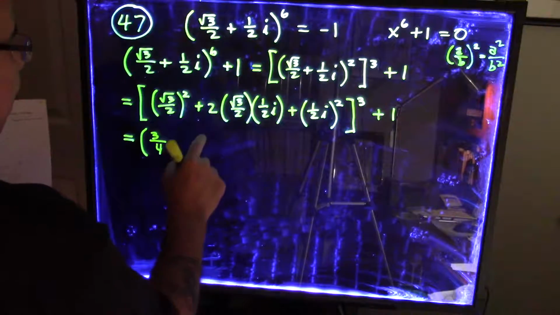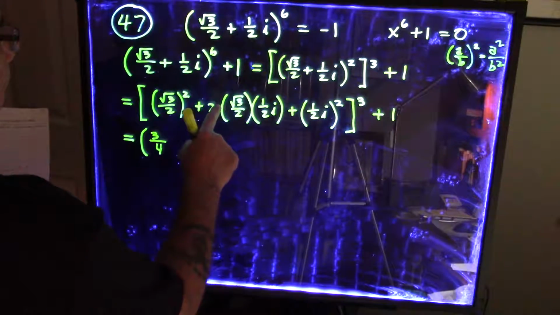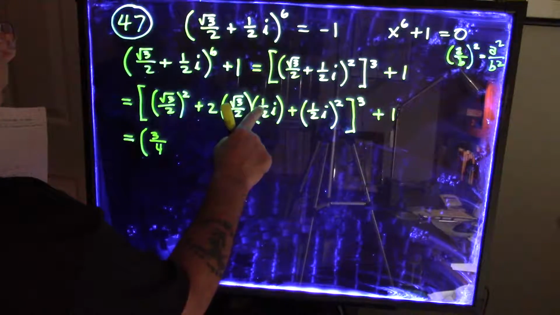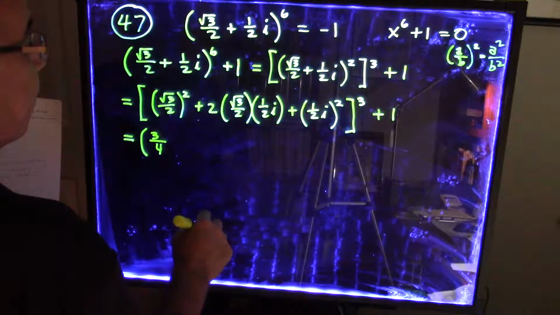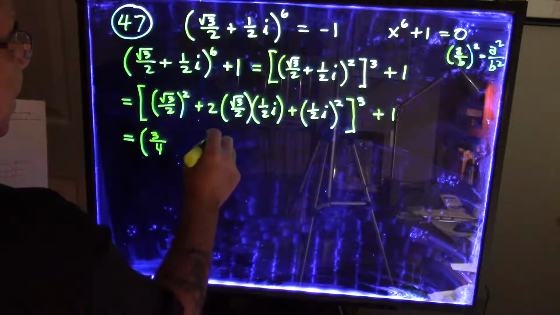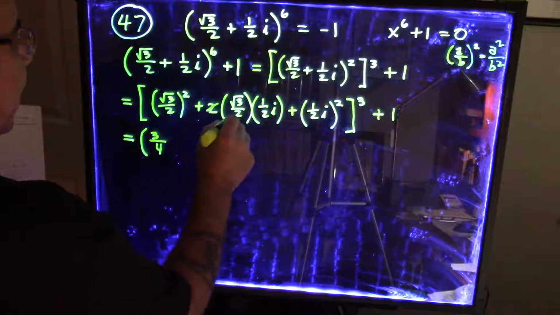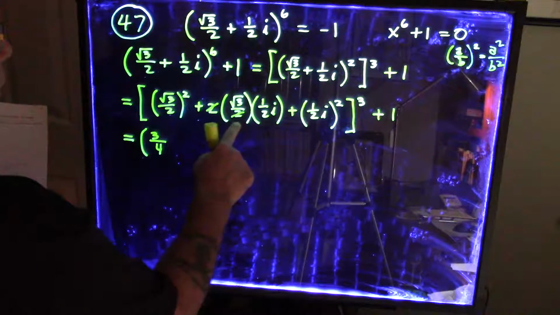And then you've got 2 times this times this. Alright, so that's 2 times the square root of 3 times 1, which is 2 times the square root of 3 over 2 times 2. Well, now wait a minute, you can cancel like that. The 2 with one of those 2's.